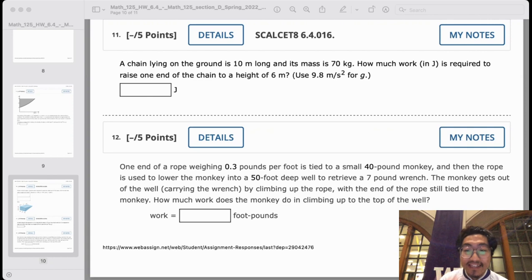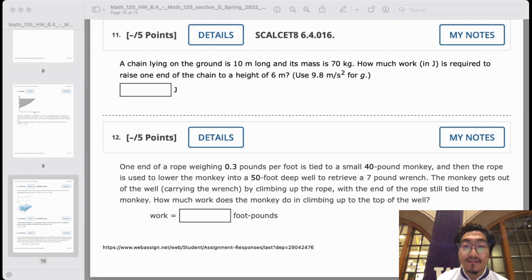This is your density, and the mass we write in Riemann form. So the mass is going to be the density times delta y, your vertical distance. And the work to lift it is going to be the density times gravity times y, delta y, and that's the total work.